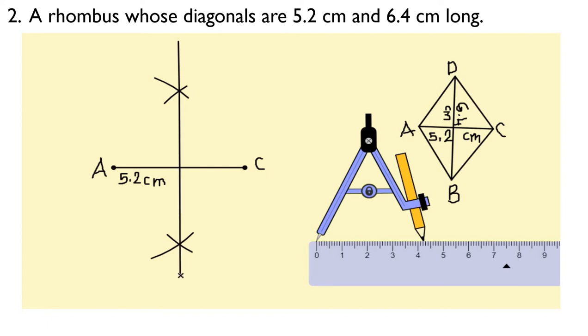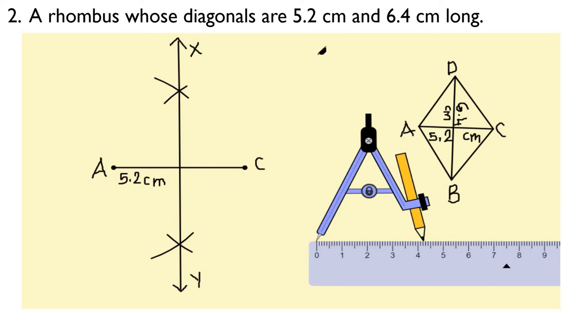You can give any alphabet as a point to the line segment. So we here give the name XY. In this way, we draw the perpendicular bisector XY of line segment AC.